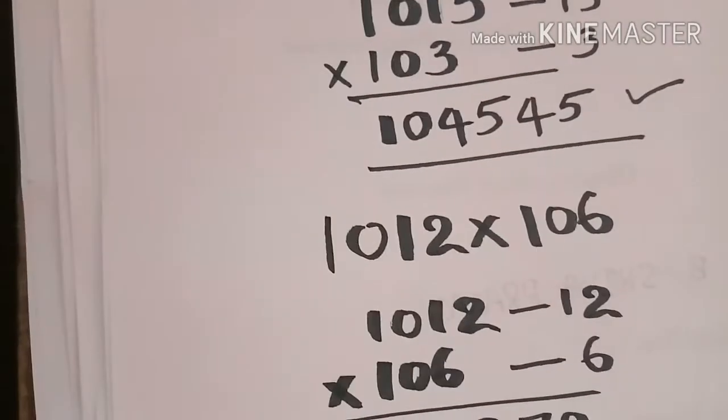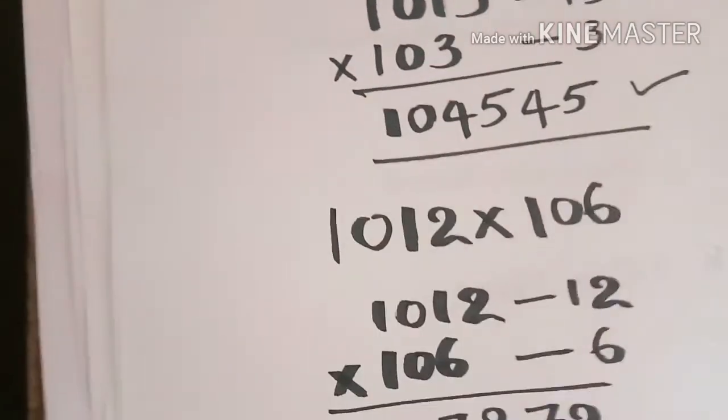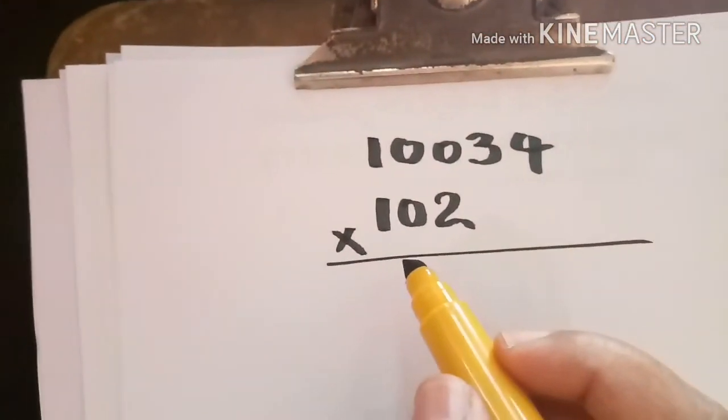So these different types of problems are there with us. If you see one more example also, it is somewhat more different, but very easy to calculate. 10034 is multiplied with 102. You see here this calculation, how many above 1000?